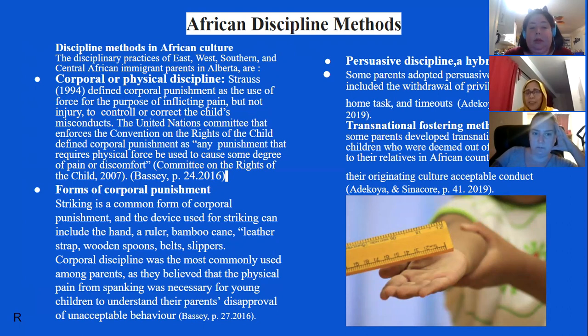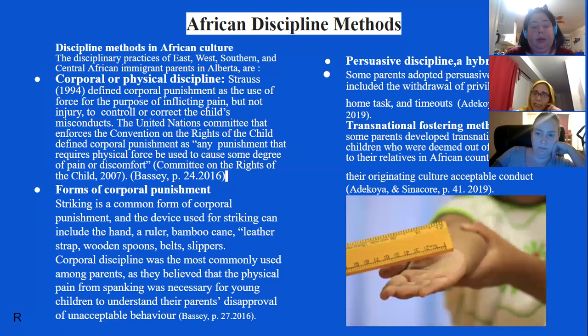They believe that the physical pain from spanking was necessary to correct the children. Some parents also use persuasive discipline, or both punishment and persuasion, to make sure the kids are listening to them.